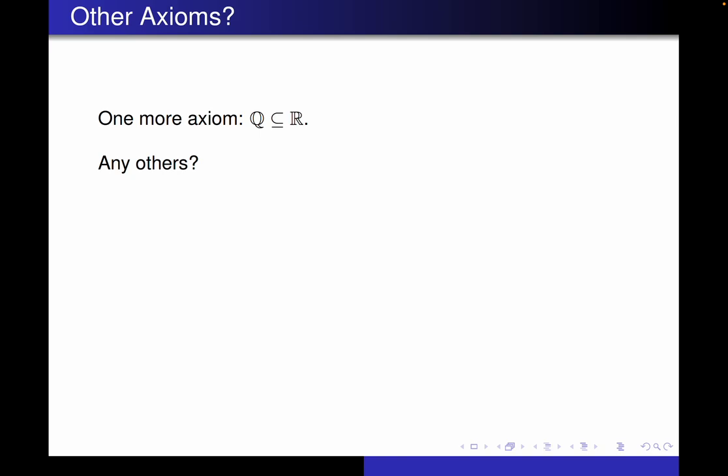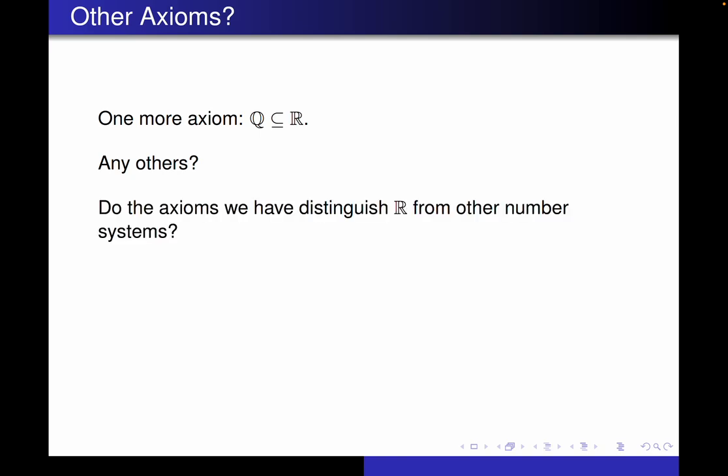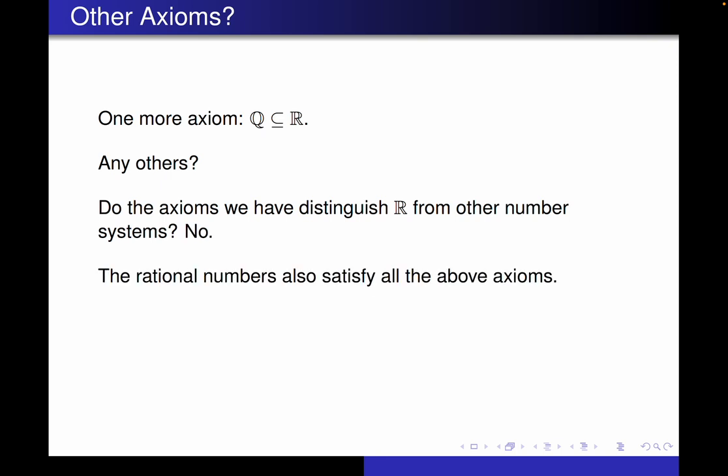Well, we need to make sure we have enough axioms that we can distinguish the real numbers from other number systems, right? So the question I'm asking here is, do the axioms that we have distinguish R from the other number systems that we know? And, well, the short answer is no, because in fact, the rational numbers also satisfy all the above axioms, right?